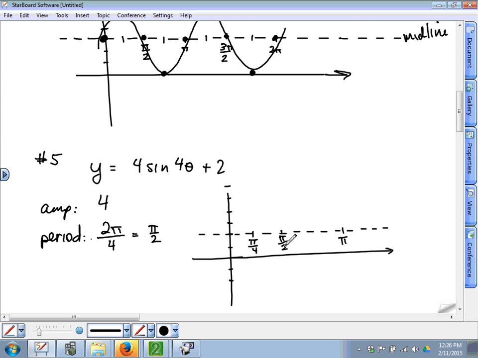And then halfway between pi halves and pi is 3 pi fourths. And then you break up these into each cycle or section of the graph has to have 4 sections. Cycle 1 ends at pi halves, cycle 2 ends at pi.